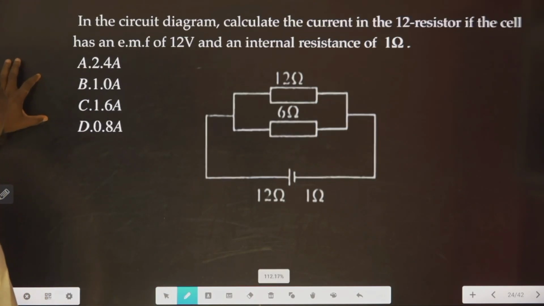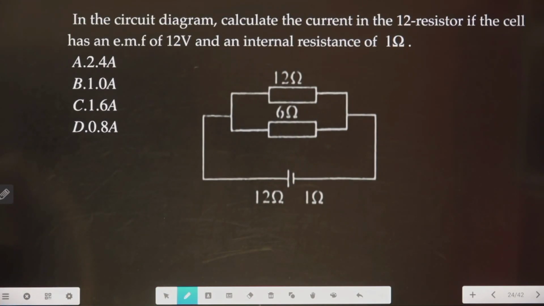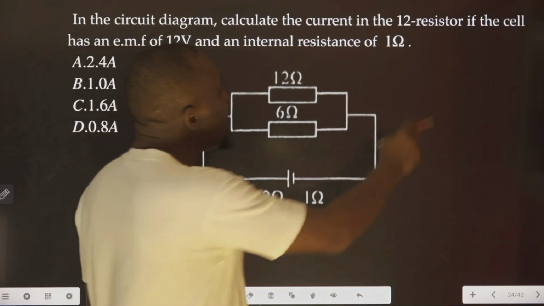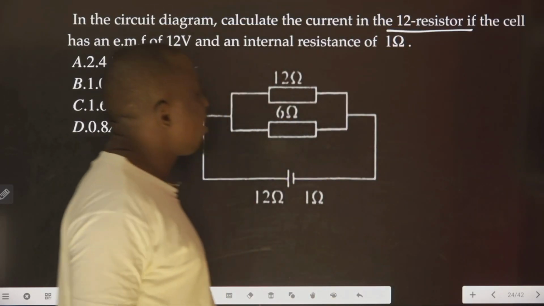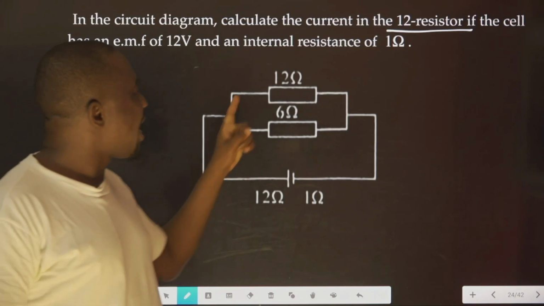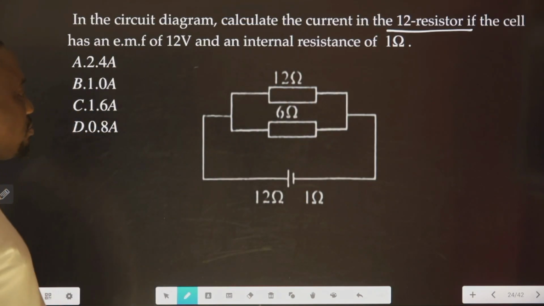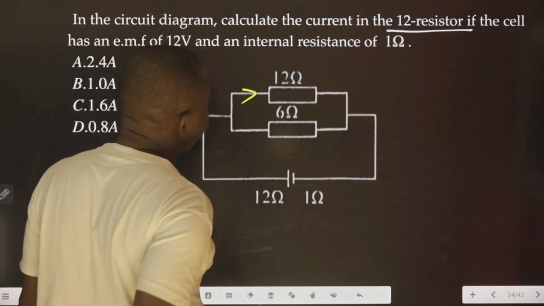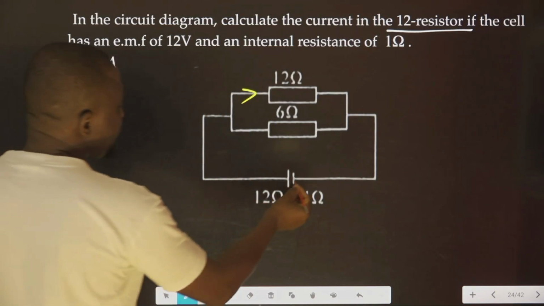It says what? In the circuit diagram, calculate the current in the 12 ohm resistor if the cell has an EMF of 12 volts and internal resistance of 1 ohm. So we want to see the current that goes through here. This is the battery.